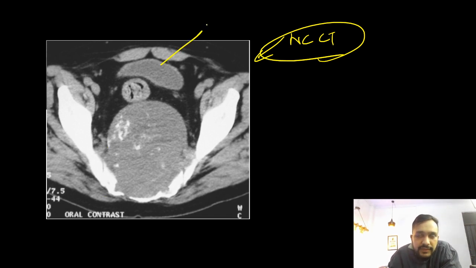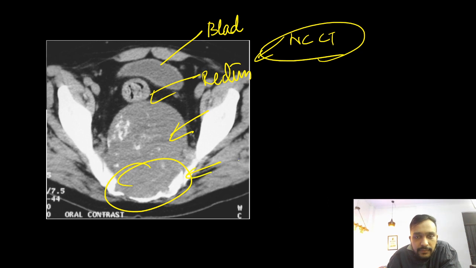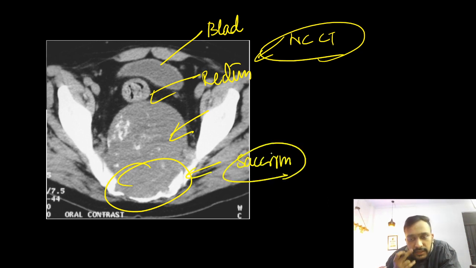So first of all, let us identify the normal structures. This is your bladder. This is the rectum. This is some lesion. This lesion is causing the destruction of the sacrum. So this lesion is most probably arising from the sacrum.